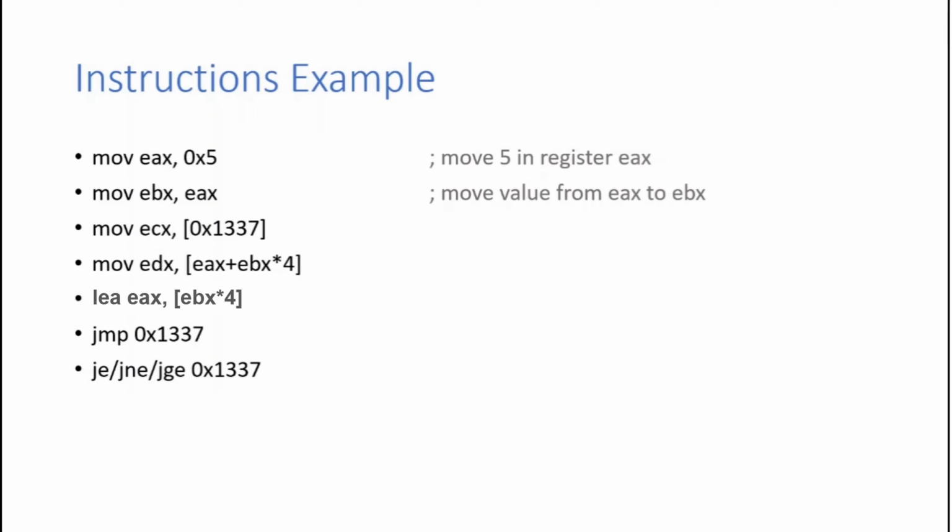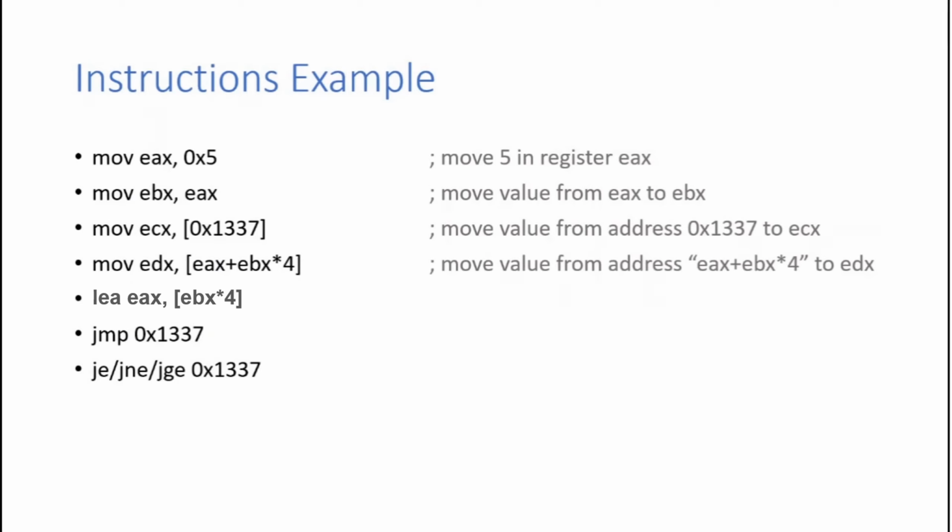mov ecx, [0x1337] moves the value from the address 0x1337 to register ECX. mov edx, [eax+ebx*4] moves the value from that address to register EDX. lea eax, [eax+ebx+123456].